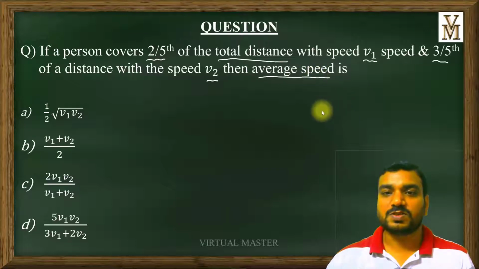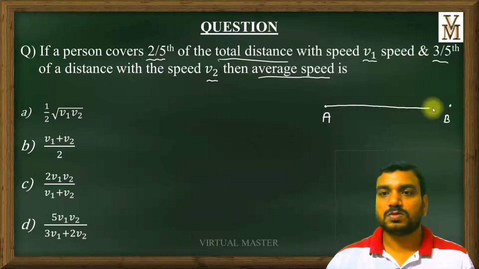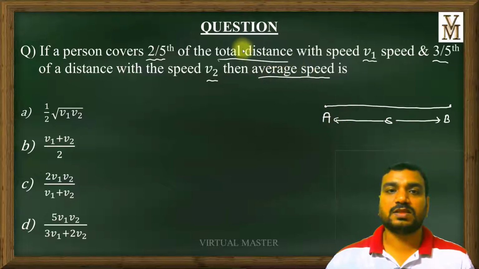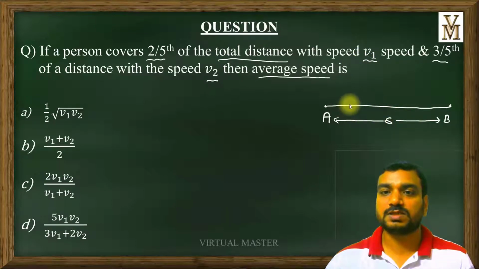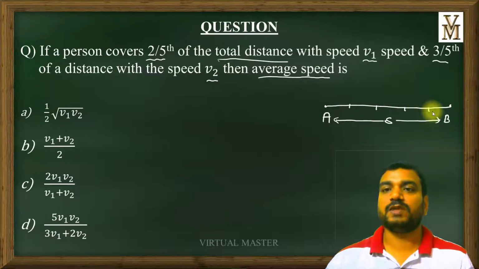Now let us assume that the person is moving from point A to point B, and let S be the distance between point A and point B. As per the question, the person is covering 2/5 of the total distance with the speed v1. Let us divide this total distance into 5 parts: 1, 2, 3, 4 and 5.